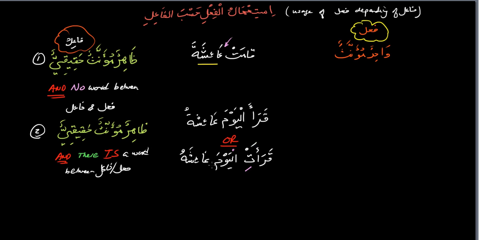So in the first case there's fi'l and then fa'il. Both of these have zahir mu'annas haqiqi. In the first case there was no word in between. In the second case there is a word in between the fi'l and fa'il. So there are two options.